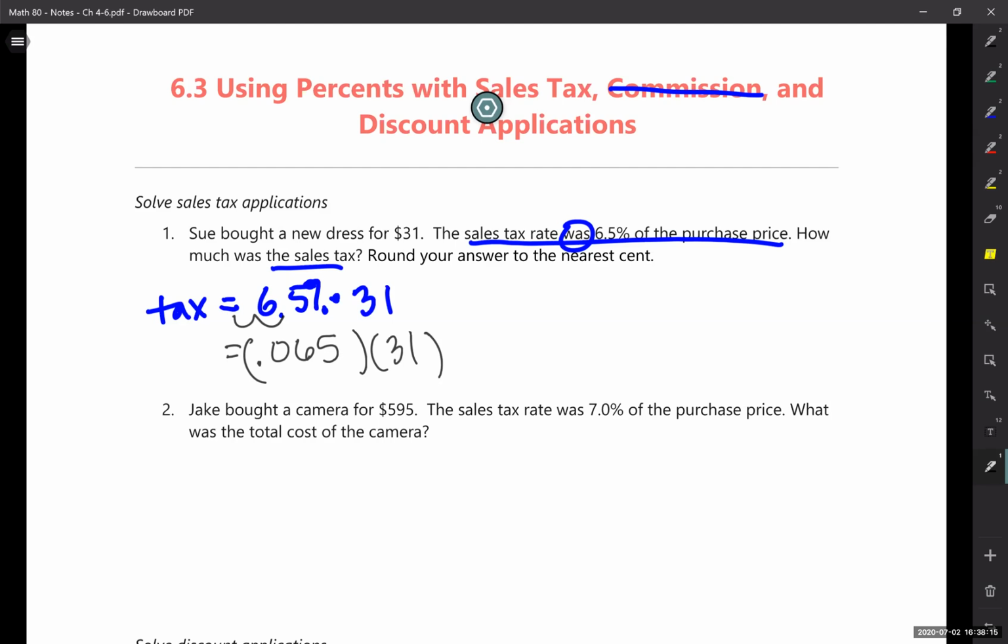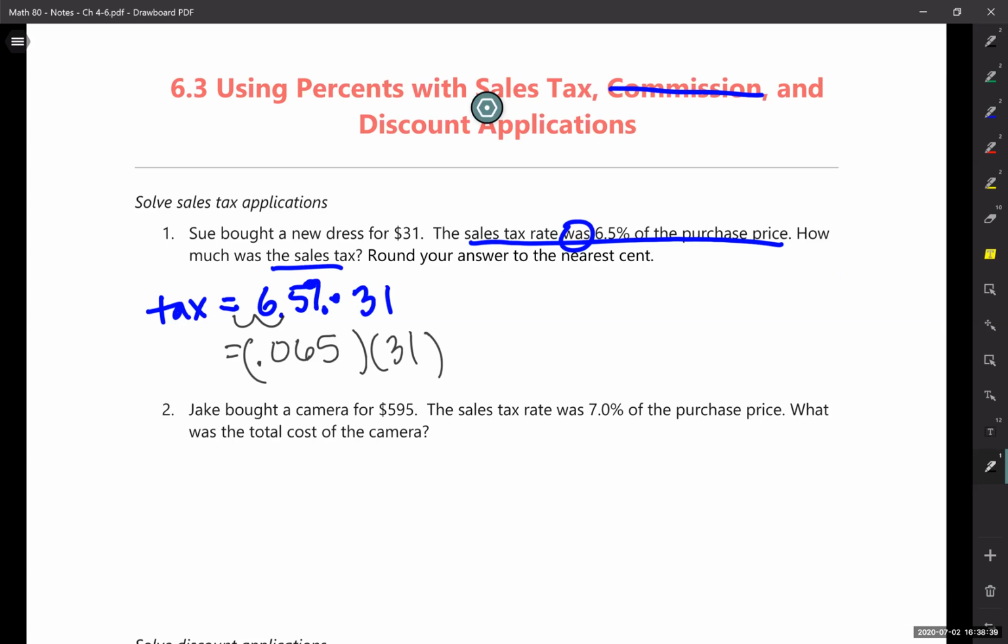Some of you may have a percent button on your calculator. If you type 6.5% into your calculator, it'll just pop up with that 0.065. So you can play with that button. Some people like it and some people it confuses them. So you do what works for you.